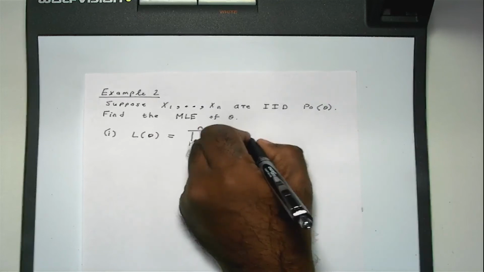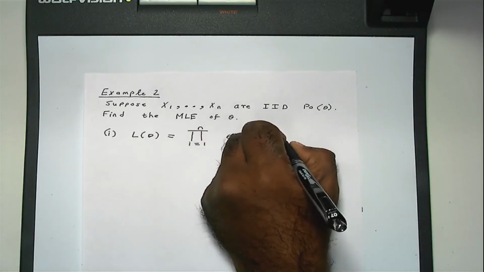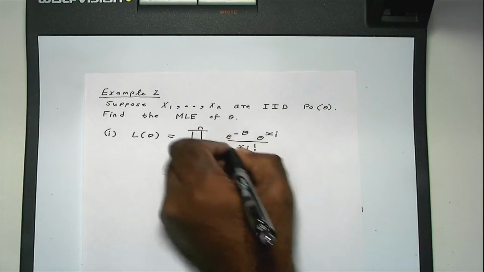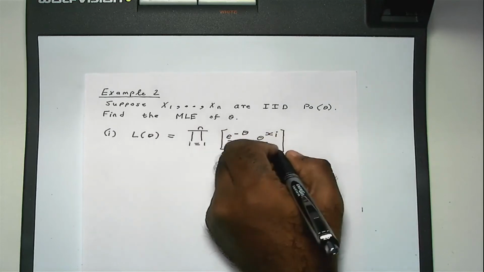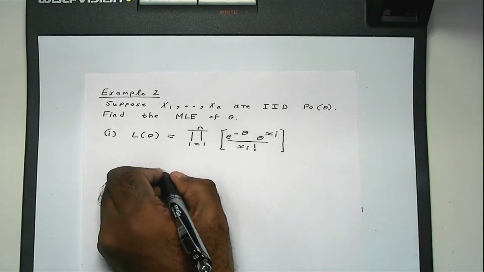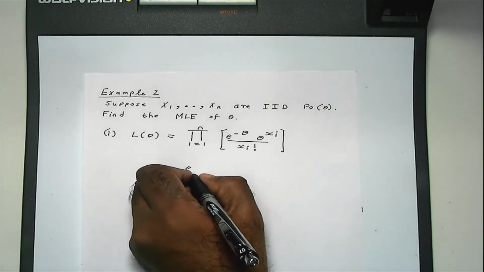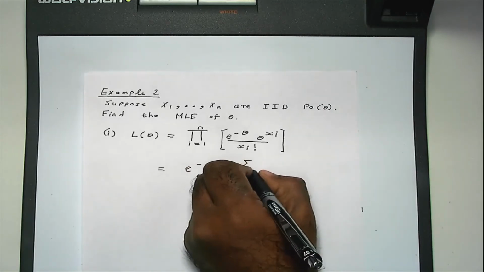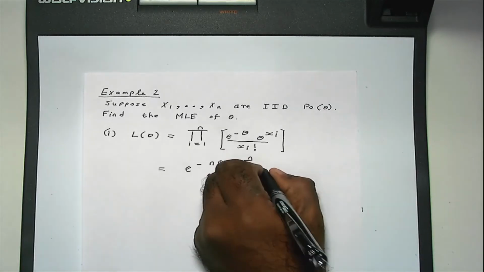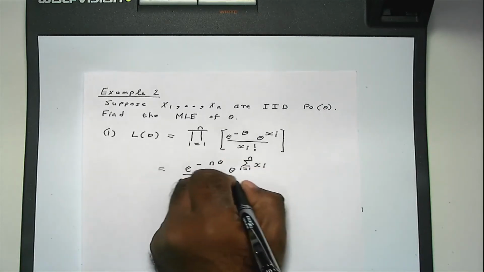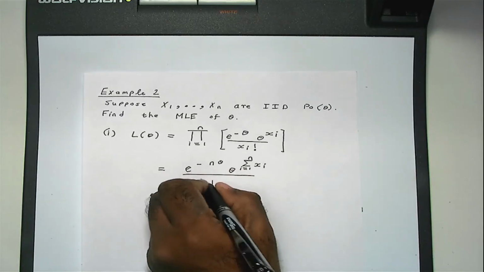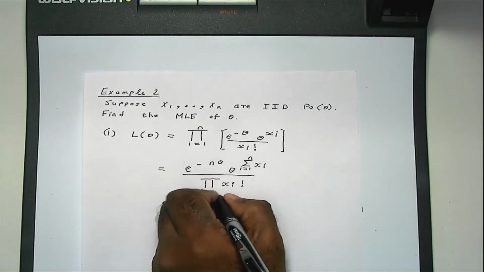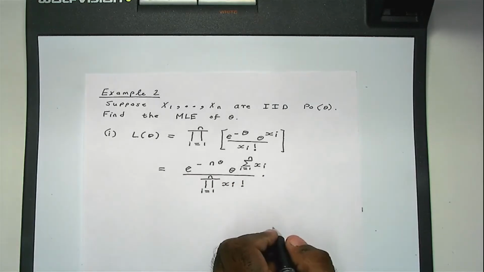So it's going to be this. So if you take the product of this using the rules for product, you will get this. So this is the likelihood function.